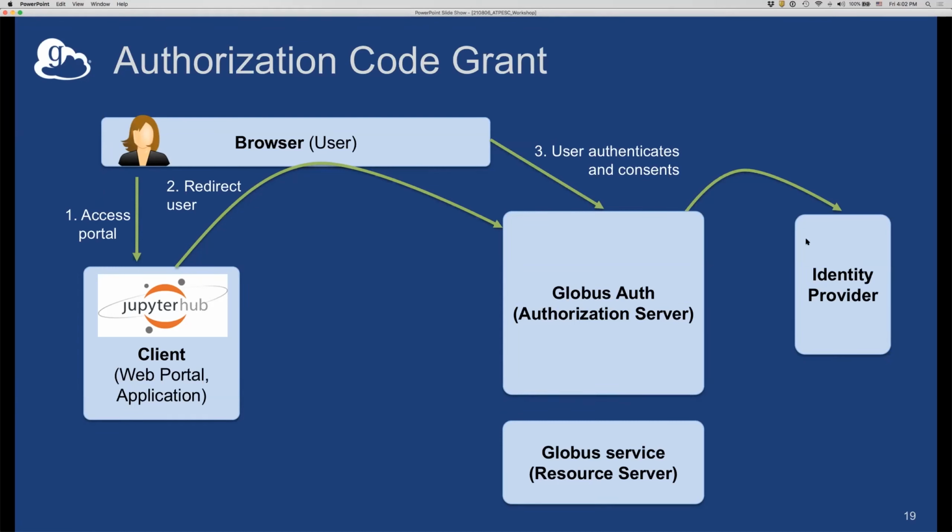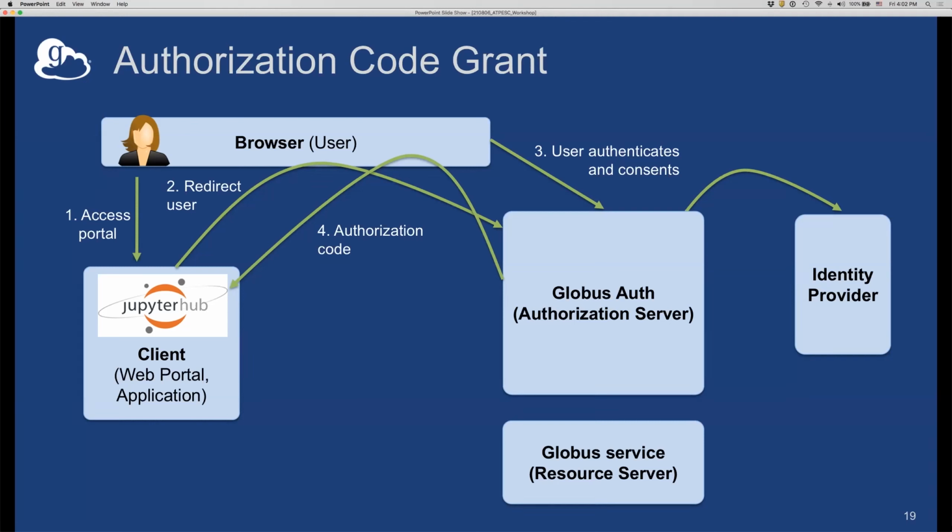You actually saw me doing that when I was logging into the Globus web app. The same thing happens if you're doing it through your own application. So I would go to UChicago or Argonne's identity system, log in there, assuming that succeeds, Globus Auth then generates this thing called an authorization code. That's the second leg of the flow.